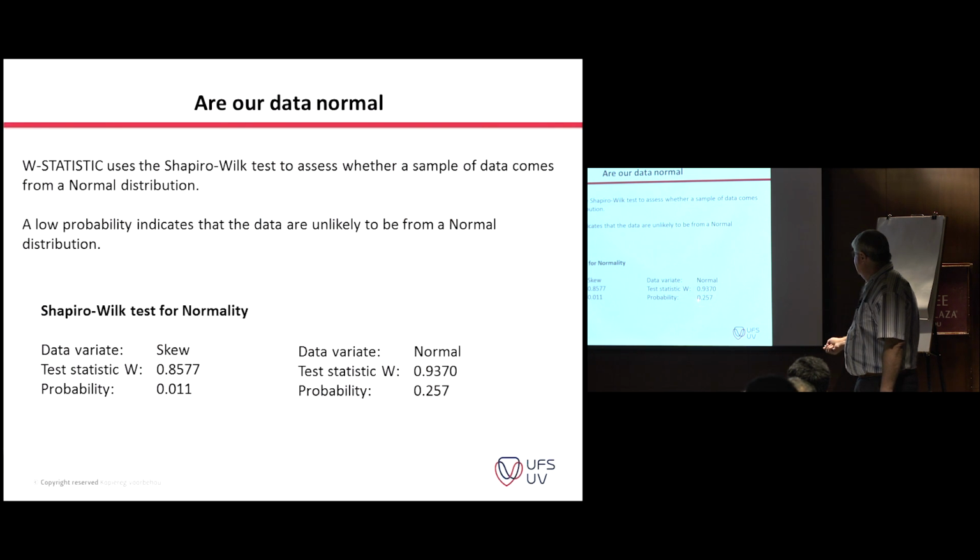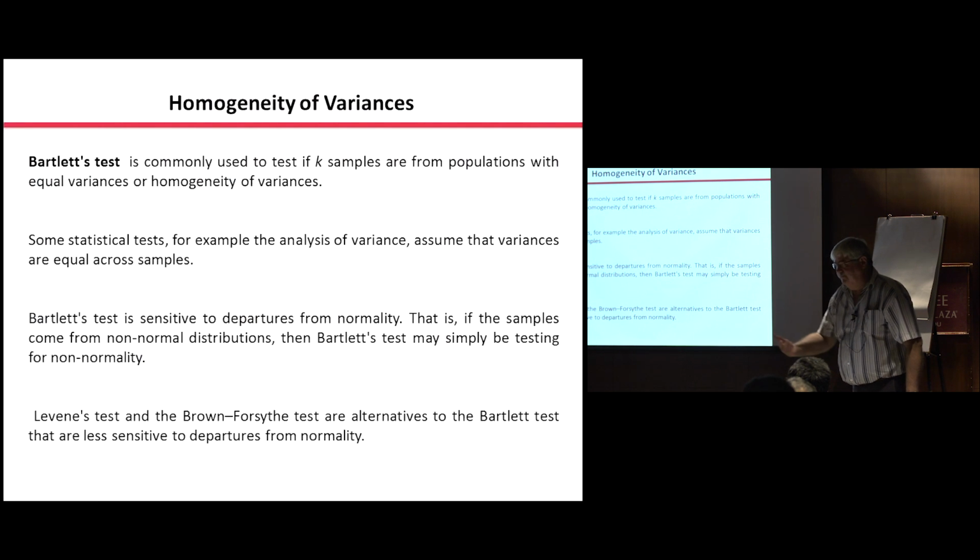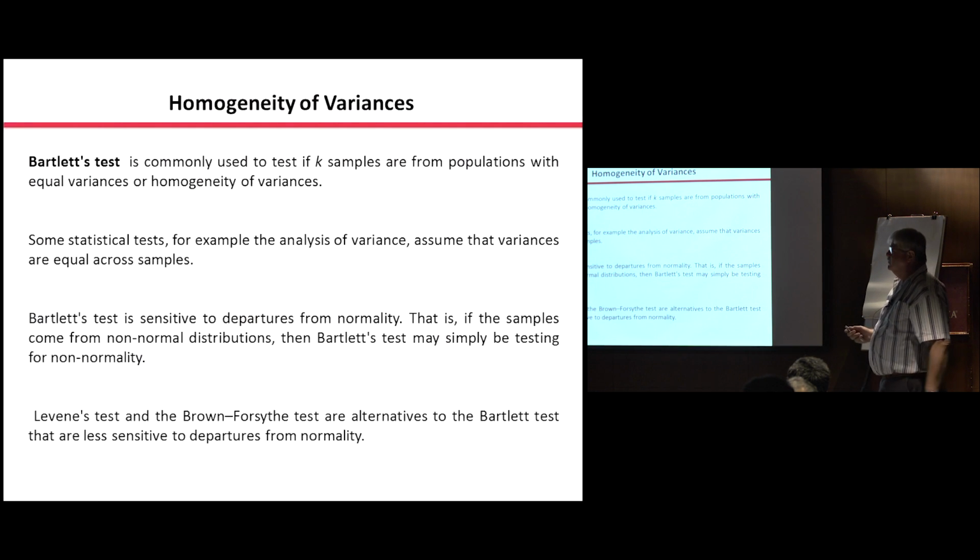There the data, you can see it will tell you if it's normal or not. So based on that, you will then decide whether you're going to transform your data or not. There are a couple of other tests. You have Bartlett's test, which is very common.